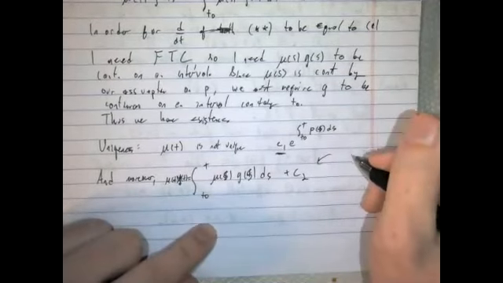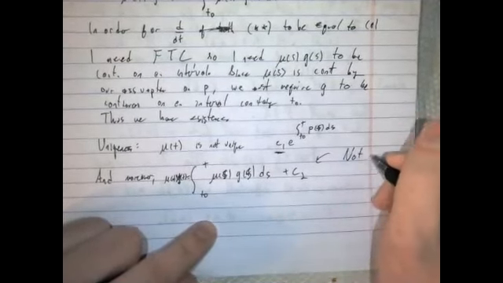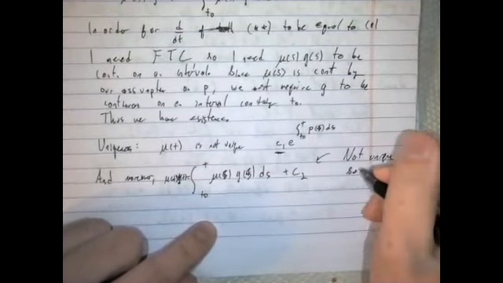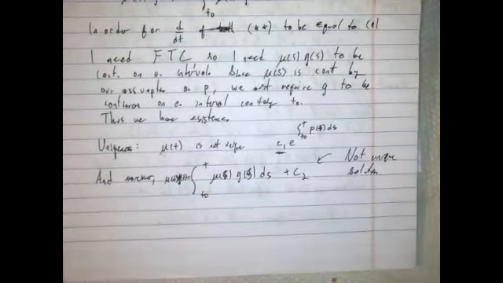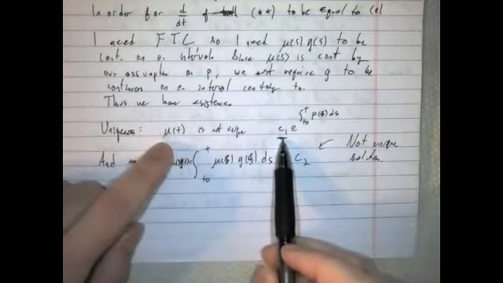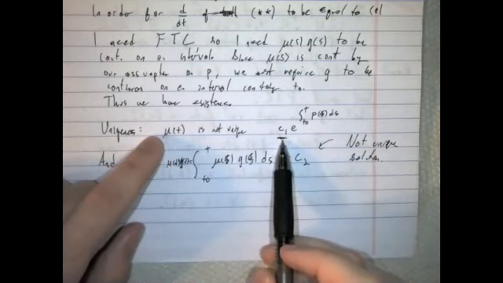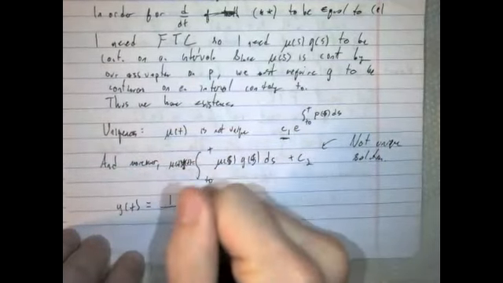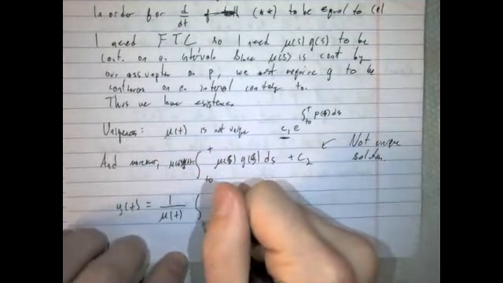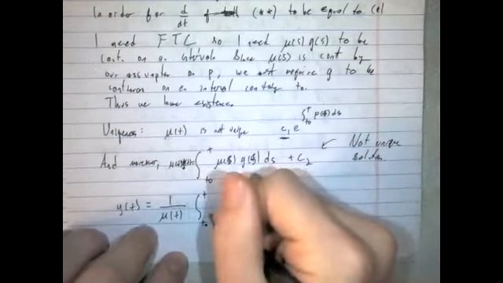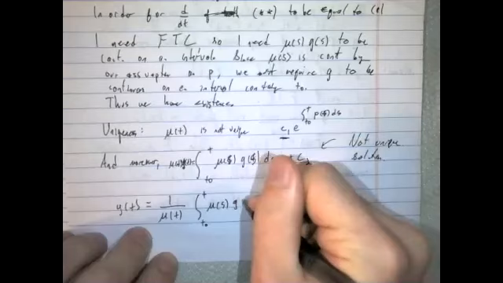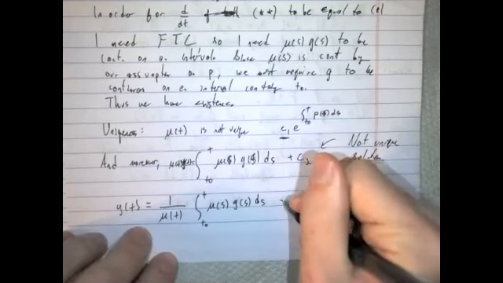This makes the solution not unique. So the point that I want to make here is that the non-uniqueness of mu of t doesn't matter at all, because in our final expression, we'll have y of t being equal to 1 over mu of t times the integral from t0 up to t of mu of s, g of s, ds, plus c2.